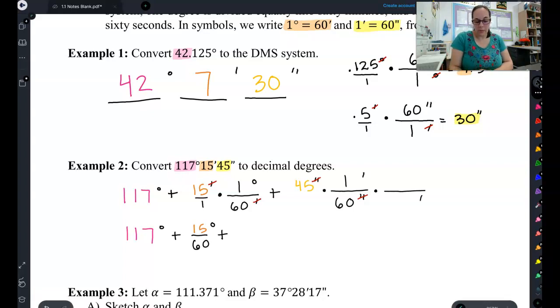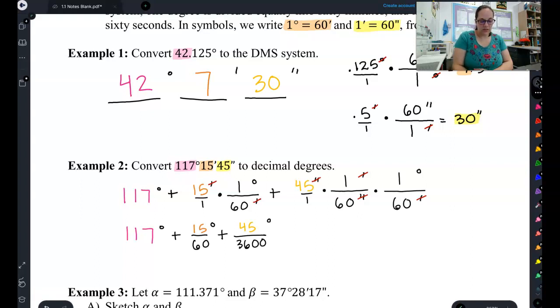This time I'm going to put minutes on bottom, degrees on top. I know there's 60 minutes in 1 degree. There's my second complicated looking 1. So then my minutes cancel, and now I am just left with degrees. So I put this over 1 and multiply across. So 45 times 1 times 1 gives me 45. 1 times 60 times 60 gives me 3,600.